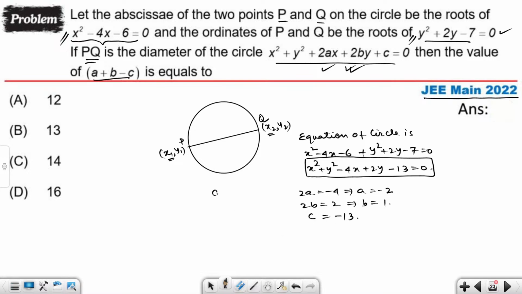So what will be the value of a plus b minus c? It is minus 2 plus 1 plus 13. That gives us 12. So option A is correct. Yes or no? That much simple it is if you know the basics.